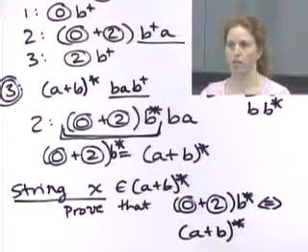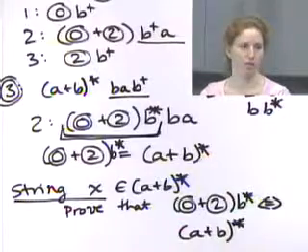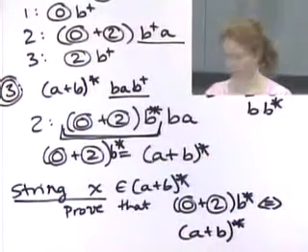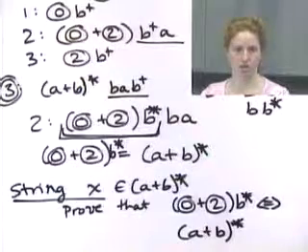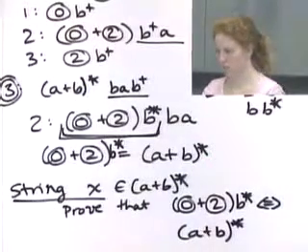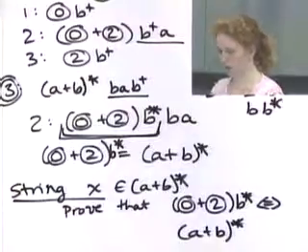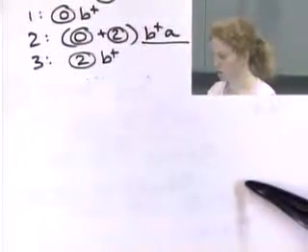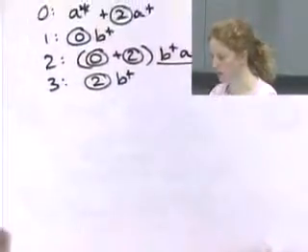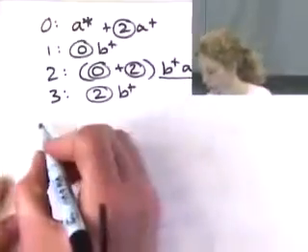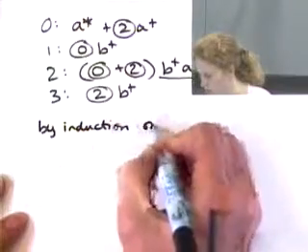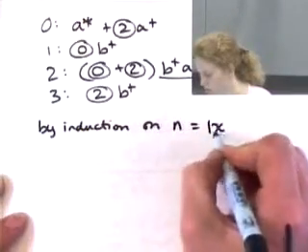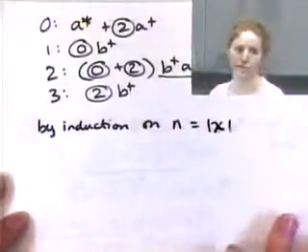We're going to assume that if we have a string in A plus B star, that it can be accepted by our states like this, 0 plus 2 B star. Okay, we're going to do induction on the length of x, where x is a string in A plus B star.